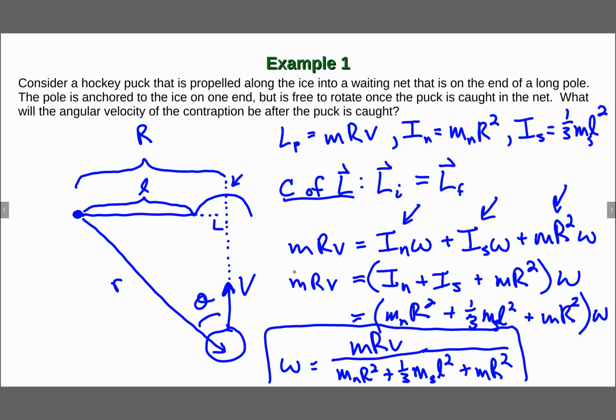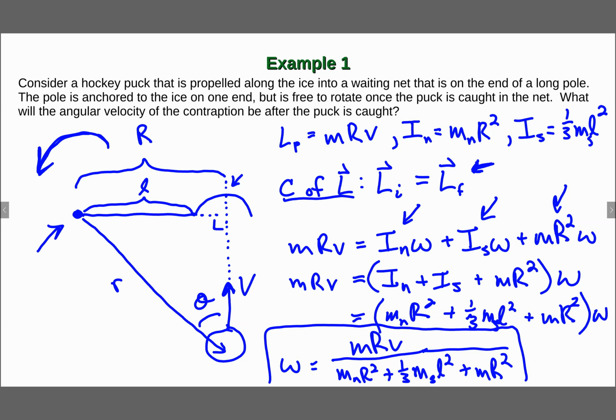Now, these are vectors, but I was able to just add these things without breaking them into components because everything's going to spin around this same axis. So I took care of the vector part by finding the angular momentum of the puck in the beginning with respect to this axis, and in this direction. And then at the end, everything is together spinning in this direction around this axis.